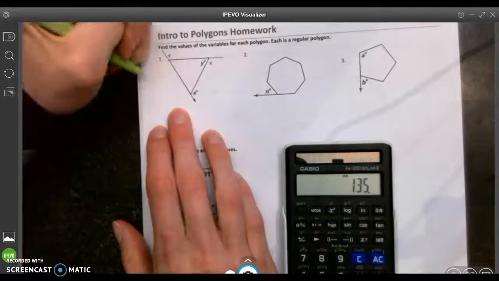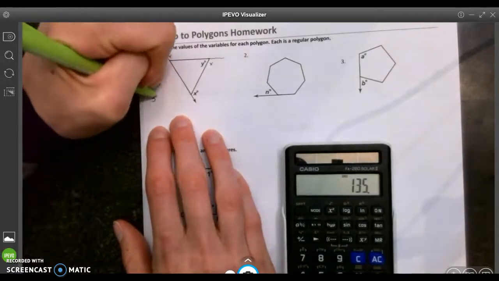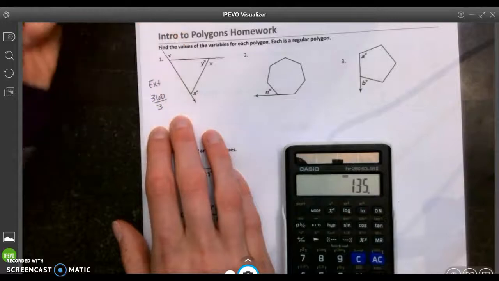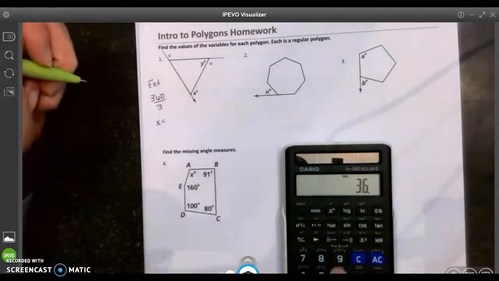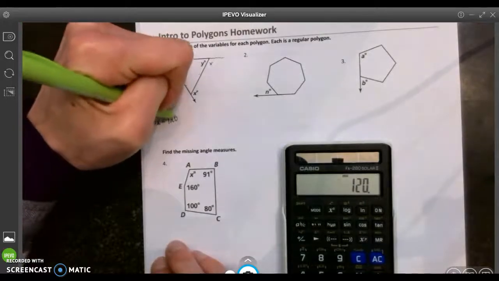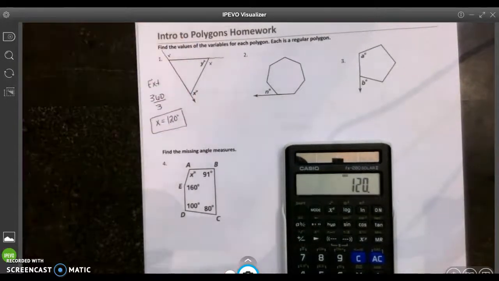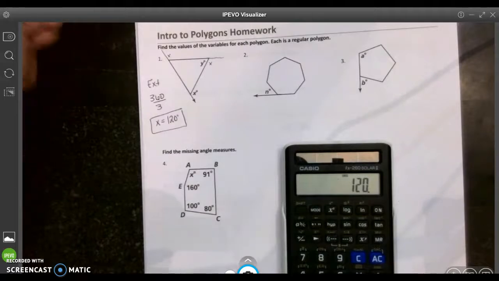There are 3 of them. So for an exterior angle, I take 360 and divide by 3. So x equals 360 divided by 3, 120 degrees. So that's x.